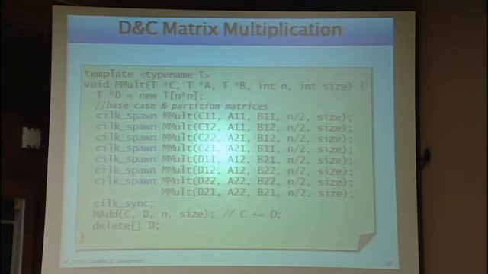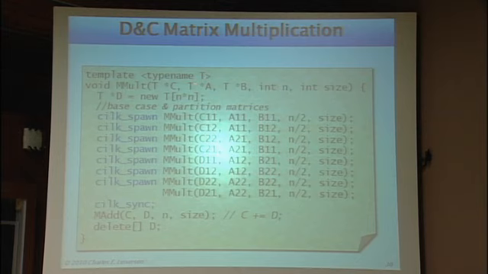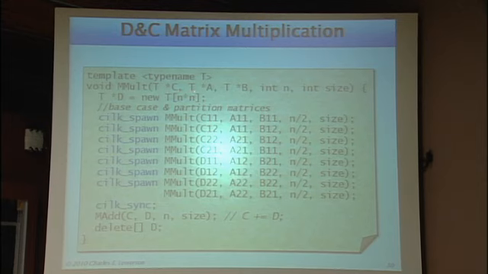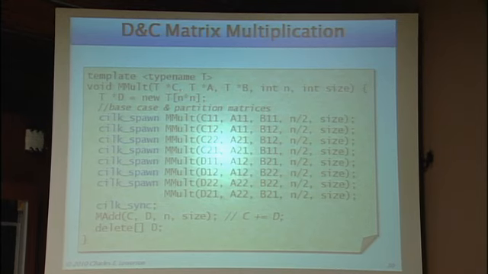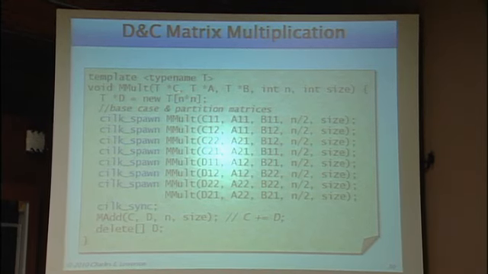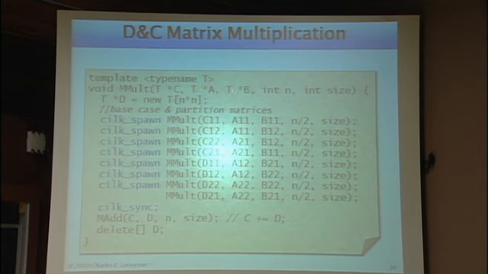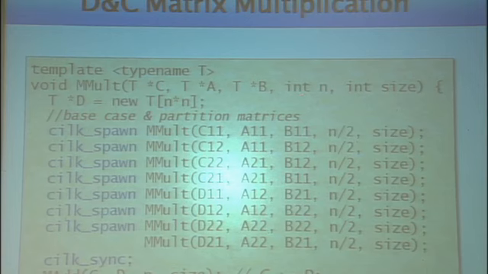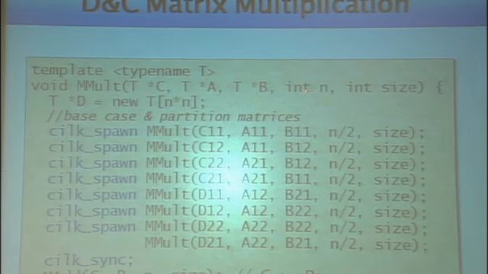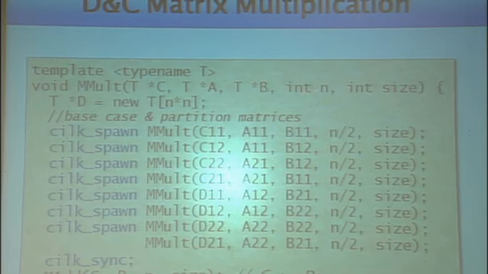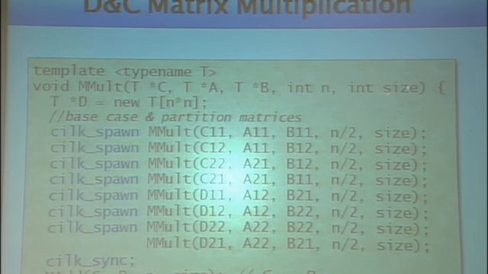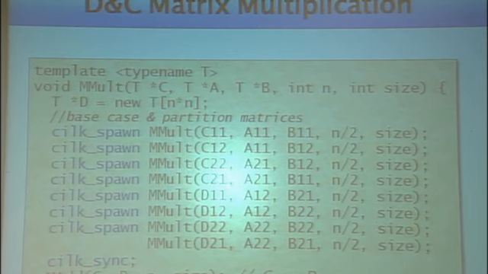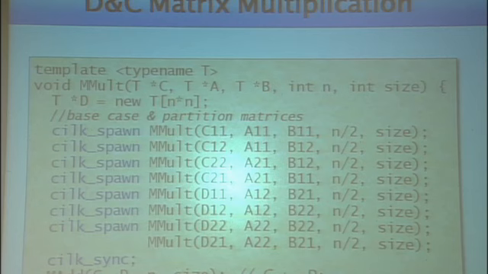I've made the type a variable T. We're going to do matrix multiplication of an array A, the result is going to go in C, and we're going to have A and B, and we're going to add the result into C. We have n, which is the side of the submatrix that we're working on, and we're also going to have an int size, which is the length of the row in the original matrix.